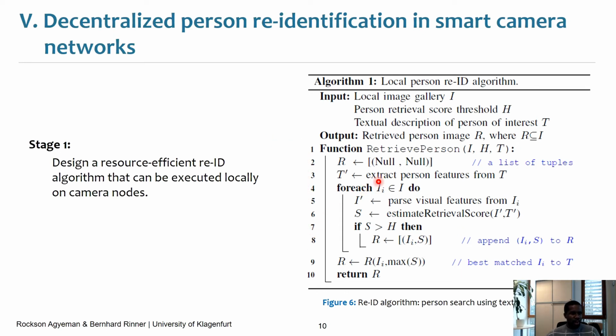For each gallery element, it performs human parsing and estimates the retrieval score. If the retrieval score is greater than the threshold, it returns that particular image as well as its retrieval score.